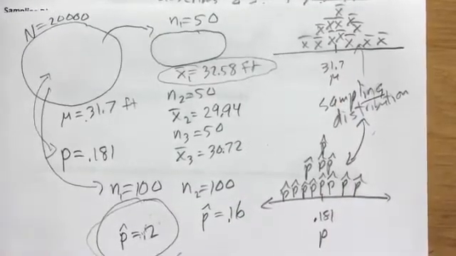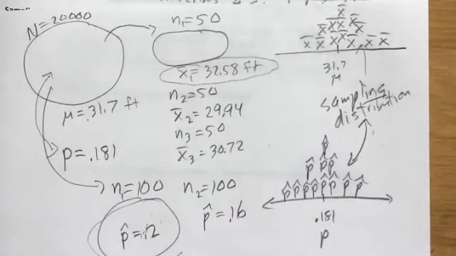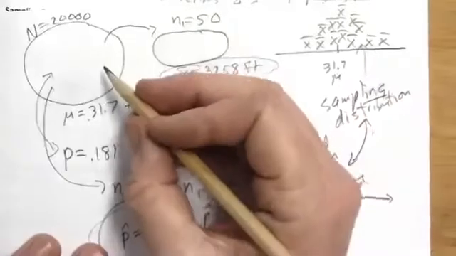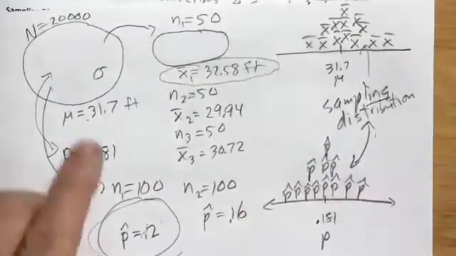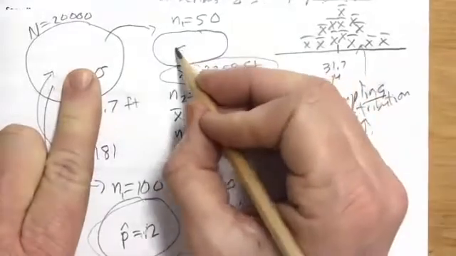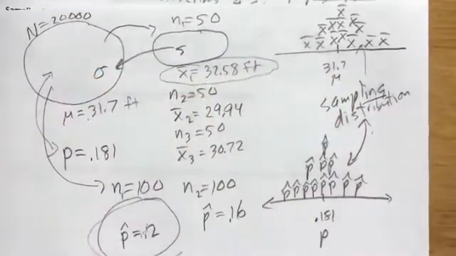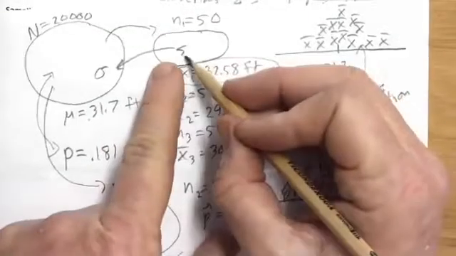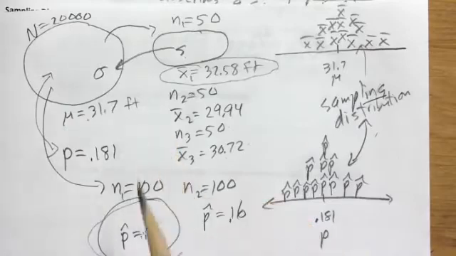Now, by the way, these are the main two we look at, means and proportions, but there are all sorts of parameters in statistics. We could find the population standard deviation, which is shown in your book. That would be sigma, and use S to estimate that. And we could find the standard deviation of all the different samples, and that would be a sampling distribution of standard deviations.